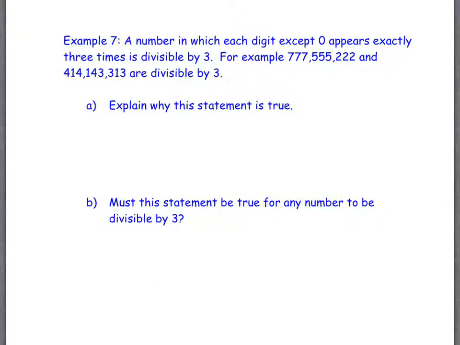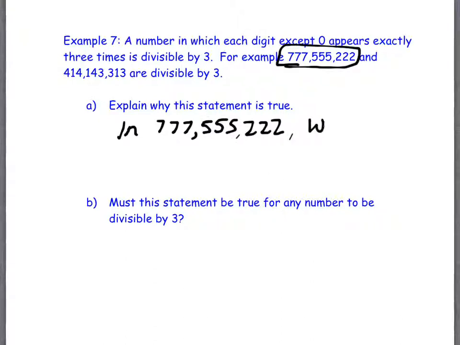Okay, so I'm going to use the example you're using, this one right here, okay? So in the number 777, 555, 222, we have 3 numbers that match. 7 plus 7 plus 7, which is just 3 times 7, right?